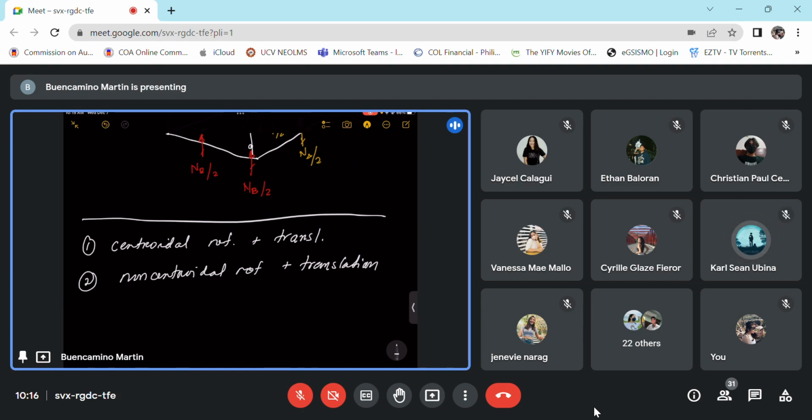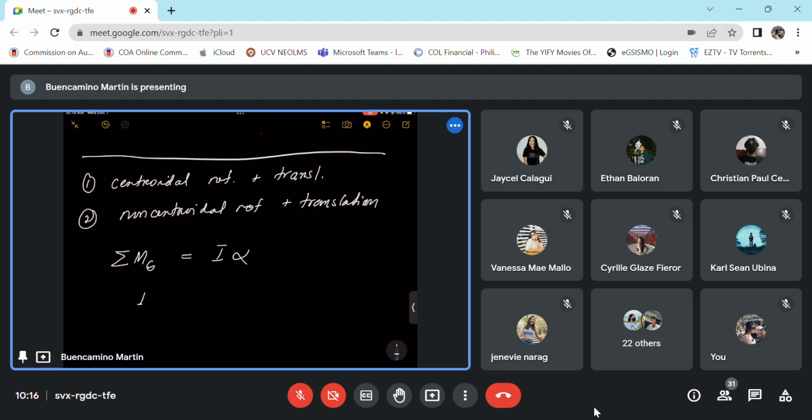Now, I'd like to clarify, class, that in our equation, moment about G is equal to I alpha, the I is called the mass moment of inertia. Its unit is kilogram meter square.